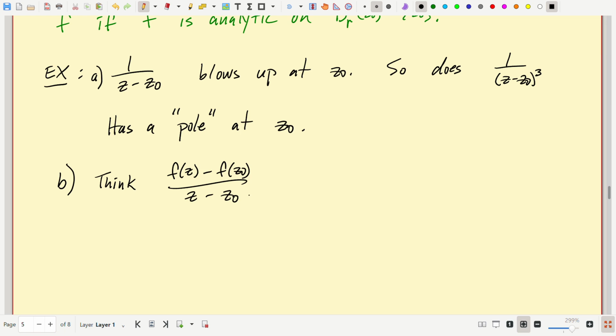That's the difference quotient for when we were doing the derivative of an analytic function. It's not defined at z naught. But if the thing is analytic, remember its derivative is analytic too.